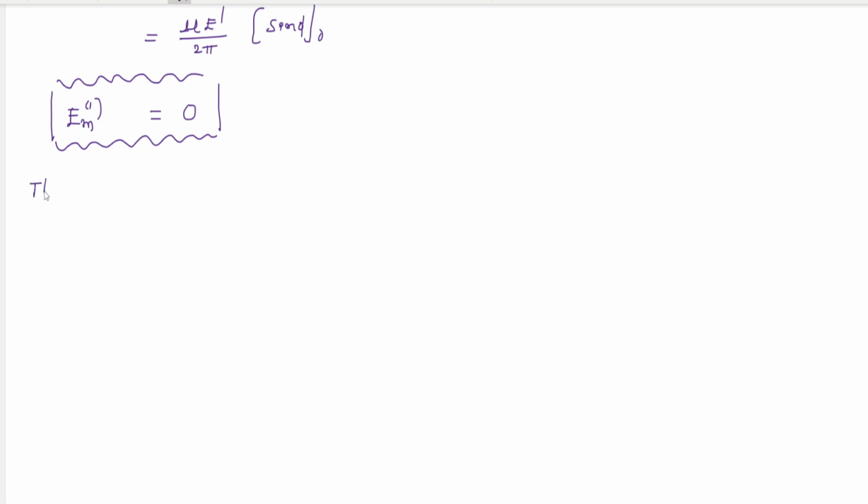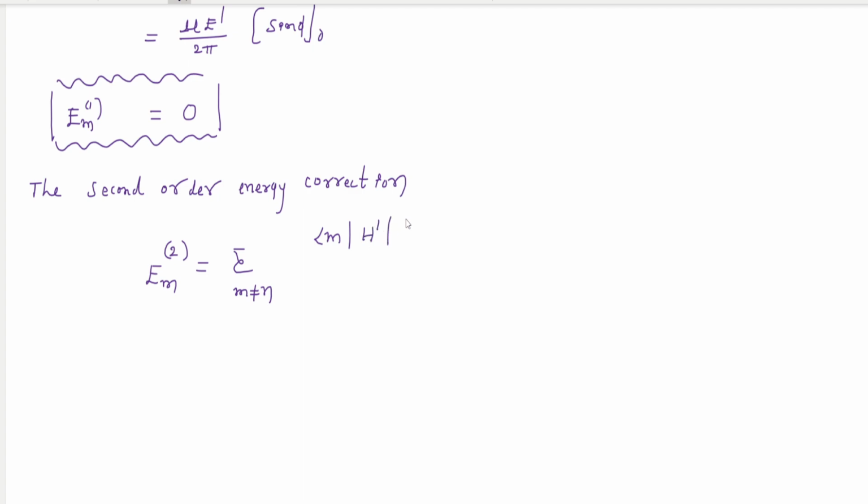See, the second order energy correction: E_m power 2 equals the summation over m not equal to n of the perturbed Hamiltonian matrix element squared, this general formula for the second order correction energy, divided by E_n power 0 minus E_m power 0.